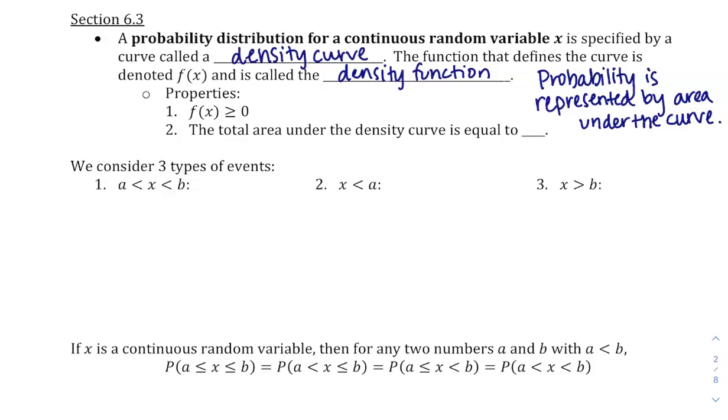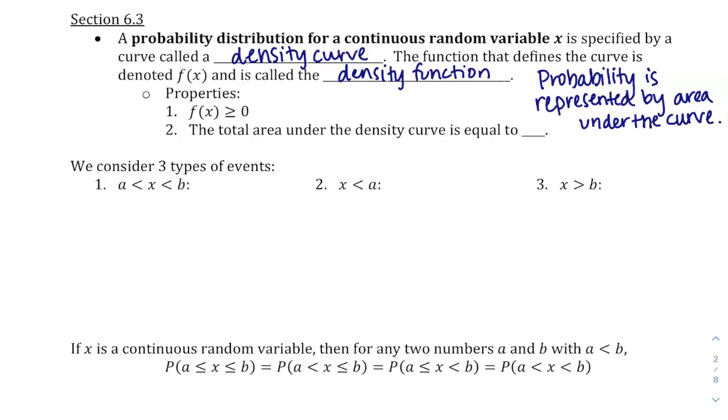Other times, the probability is going to be a shape that we don't know how to find the area for, and without calculus, we'll have to rely on computer software or tables provided in our textbook.